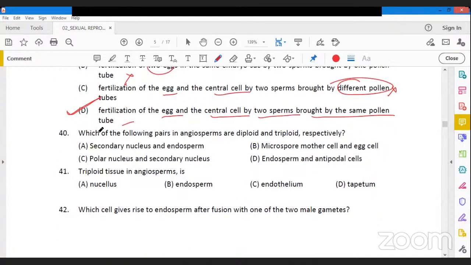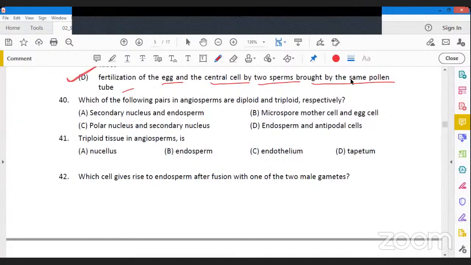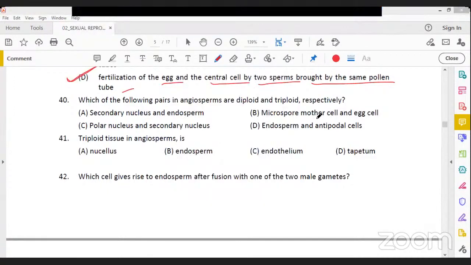Done. So next, 40th question. Which of the following pairs of angiosperm structures are diploid and triploid respectively? Secondary nucleus, they are diploid. The single cell is haploid, but the central cell will be diploid, whereas the endosperm will be triploid.